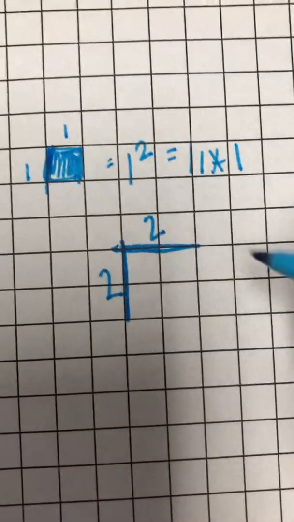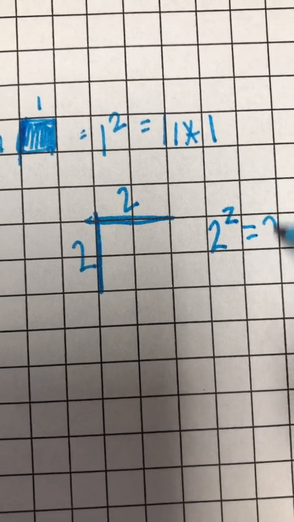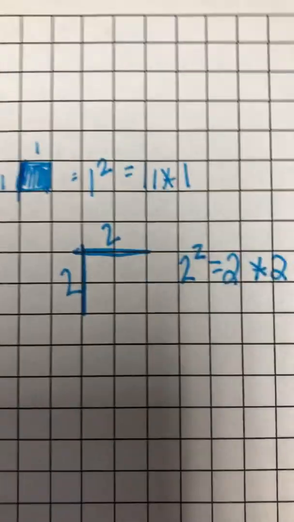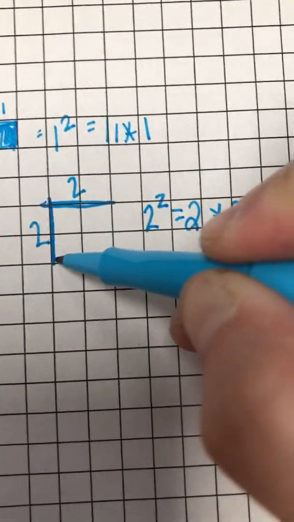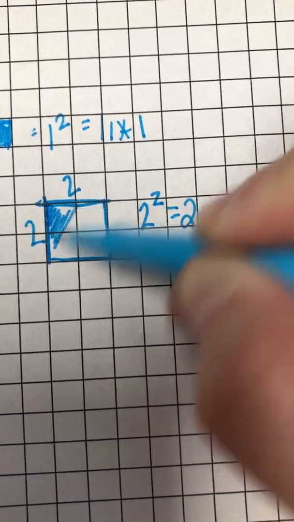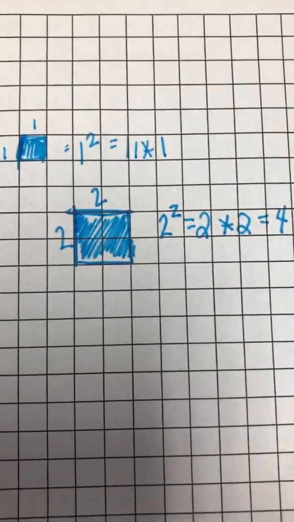When we're finding that square, we're taking 2 squared, or 2 times 2, and that equals 4 because we're taking the area of this whole 2 times 2. So 2 times 2 equals 4.